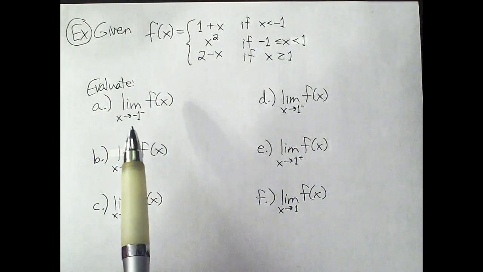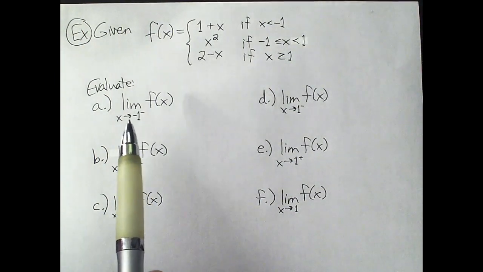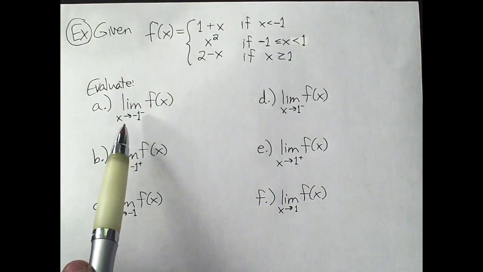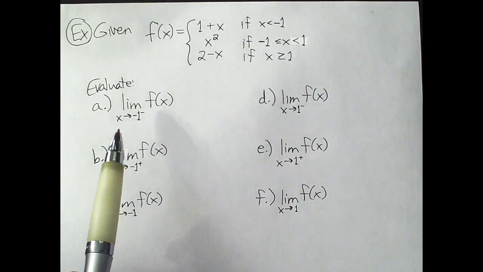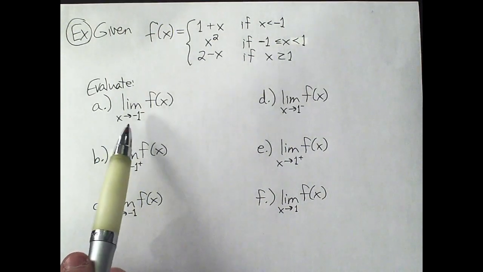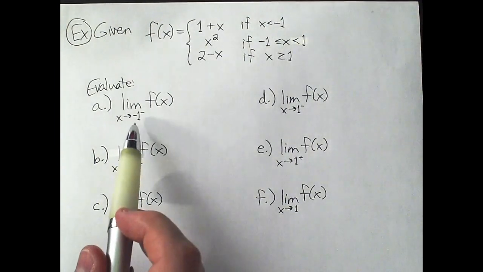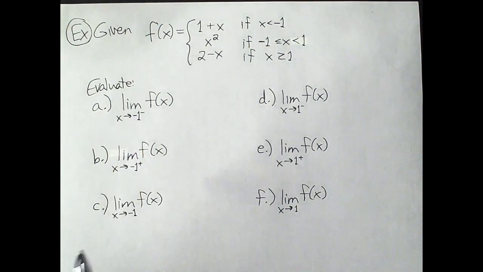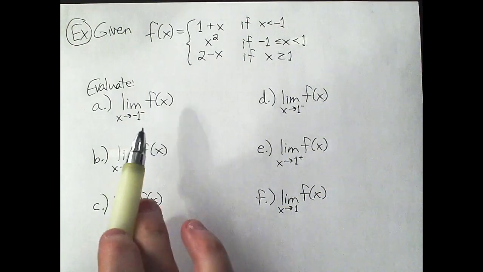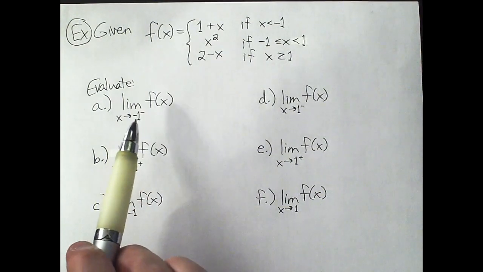x is approaching -1 from the left. If we're approaching -1 from the left, if you imagine the number line, we would be to the left of -1. So we would be somewhere like -1.1, or maybe even closer, maybe -1.01. But that's kind of where I'm imagining this x value.